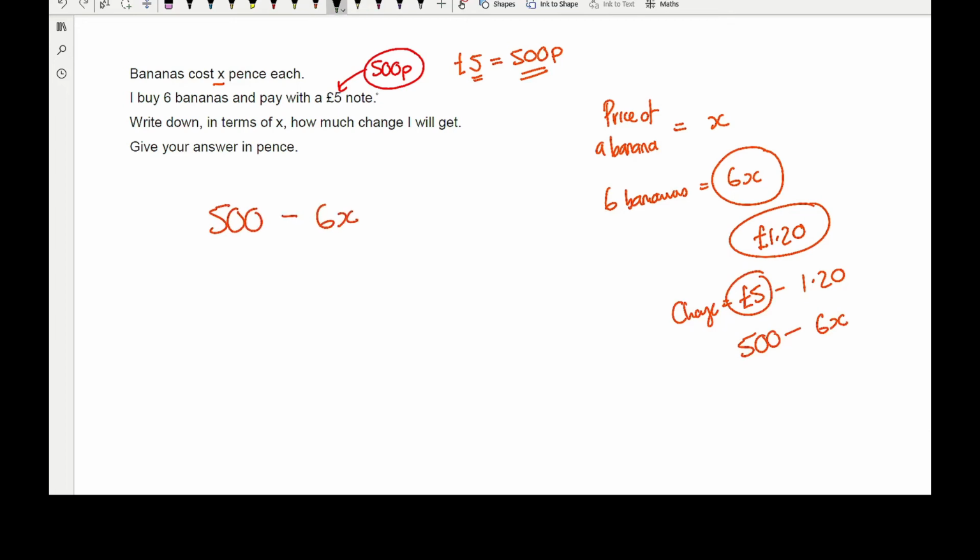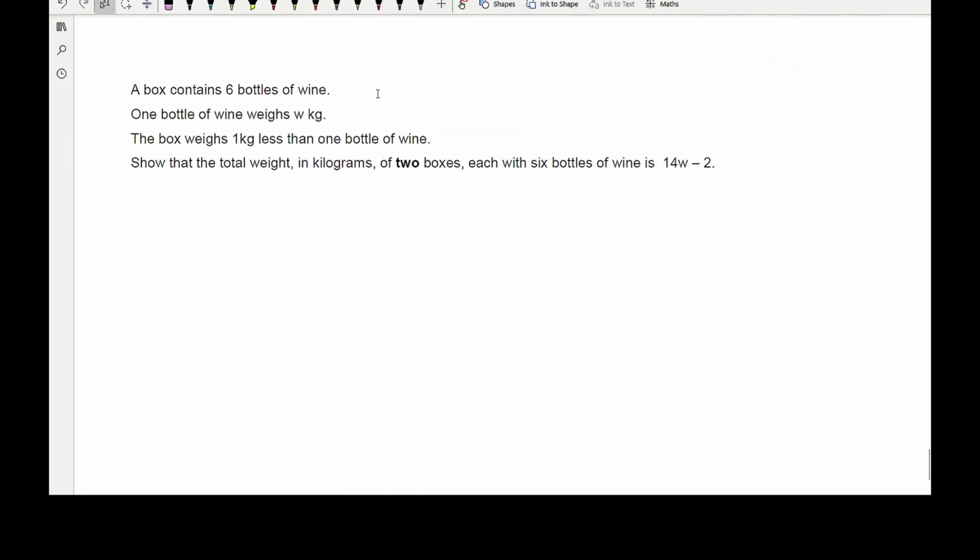And again, just breaking this down, that is my final answer. But breaking this up into sections, this is the £5 note, and the 6x is the cost of 6 bananas. Done. So moving on to the next question.